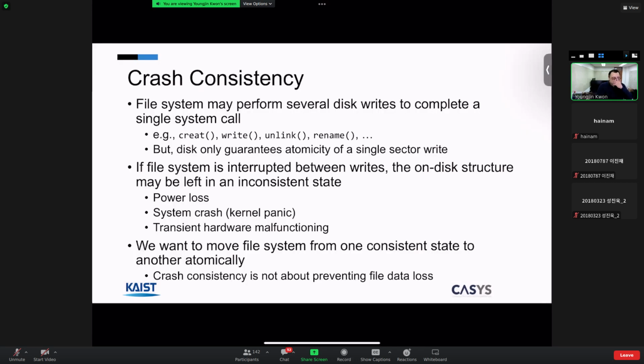So crash consistency is a new, unique design requirement.